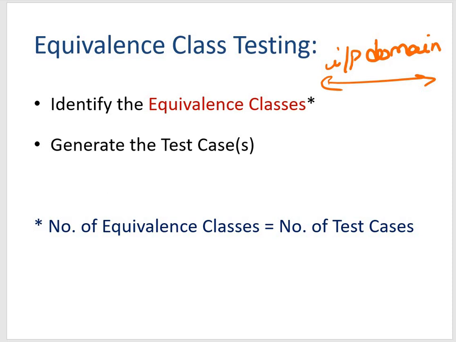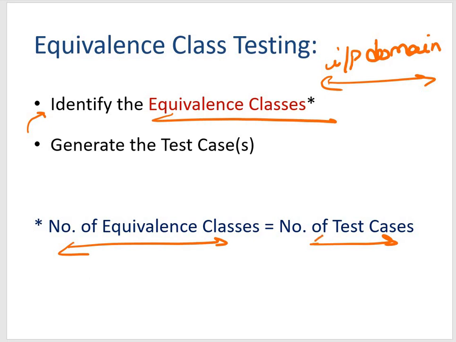So in that case, if we divide the input domain based on the common features, then we can reduce the number of test cases, right? So in equivalence class testing, we identify the equivalence classes, and the number of equivalence classes will be equal to the number of test cases which we will fire.